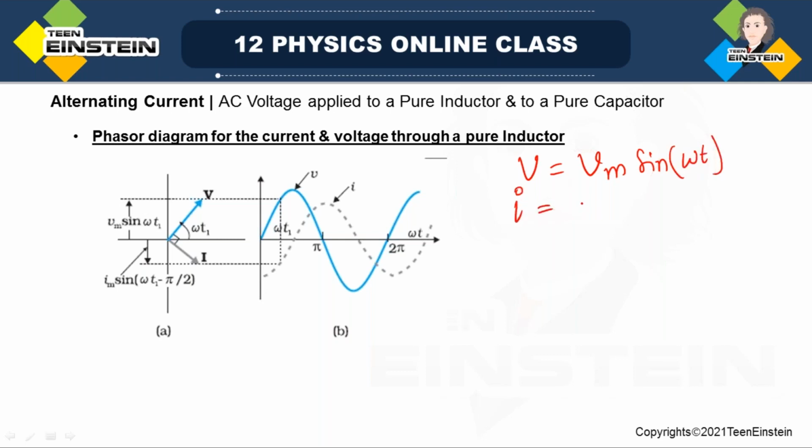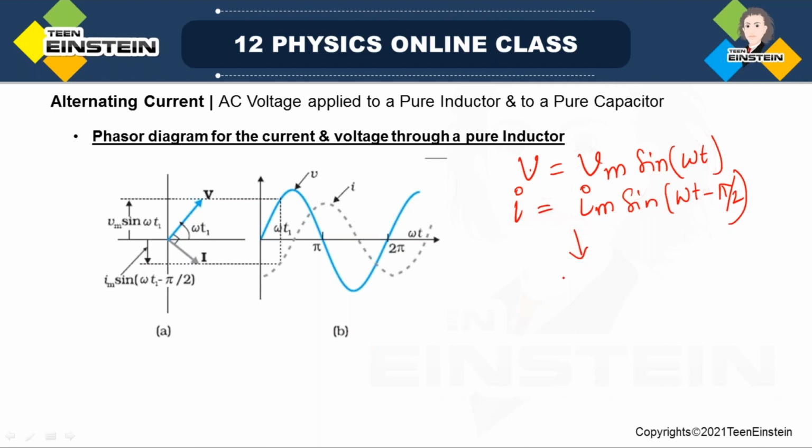But what is the current we have got in the circuit? Im sine of omega t minus pi by 2. That means the voltage is ahead of your current. And what is the phase angle between voltage and current? There is a phase angle of 90 degrees.